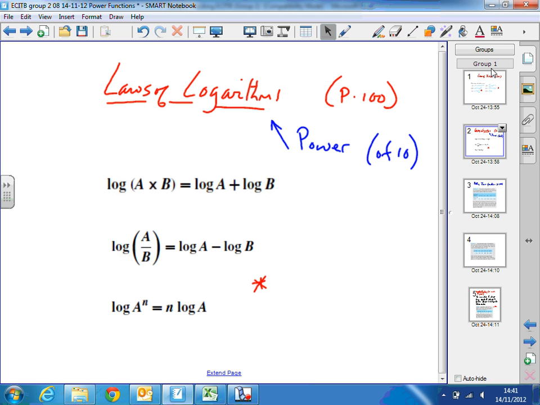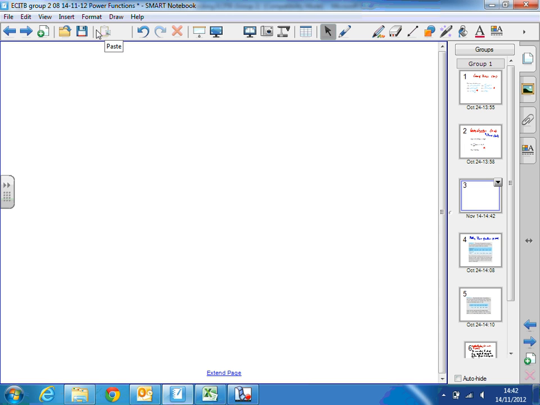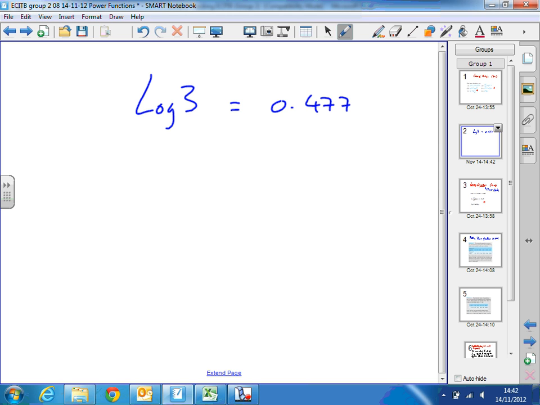So if I find the log of something, I'm finding the power to which 10 is raised to give that number. So the log of 3, if we just look at that as an example, is 0.4771.